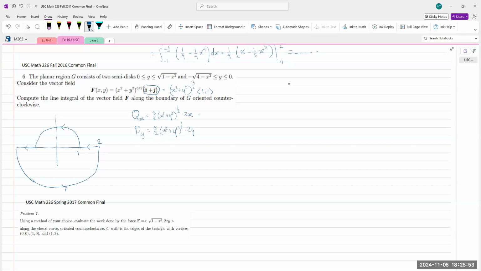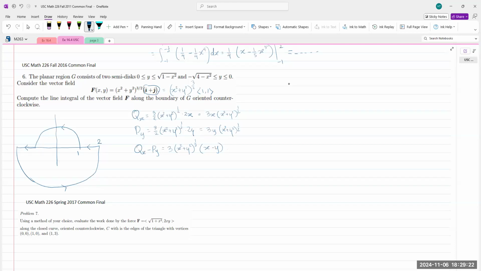That will give us 3x times x squared plus y squared to the power of 1/2. This will be 3y times x squared plus y squared to the power of 1/2. So Q sub x minus P sub y will be 3 times x squared plus y squared to the power of 1/2 times x minus y.